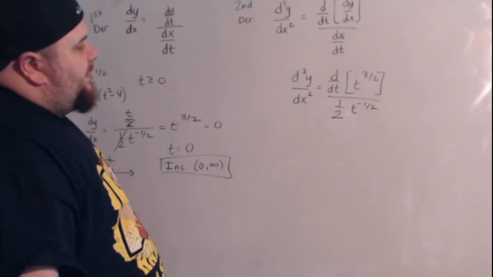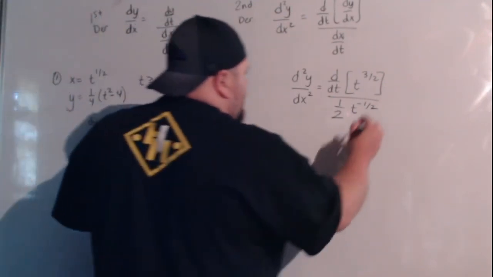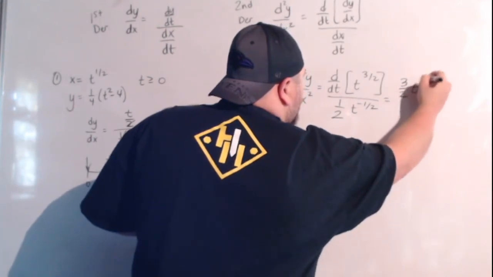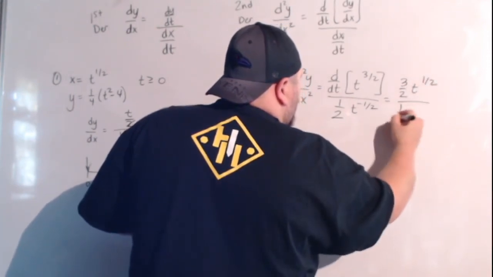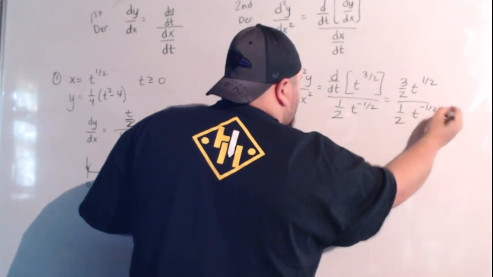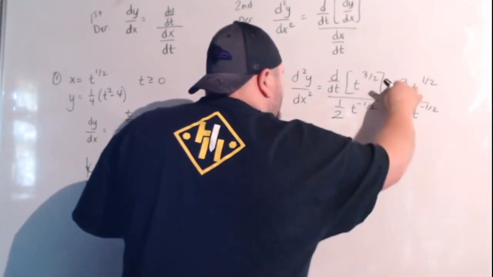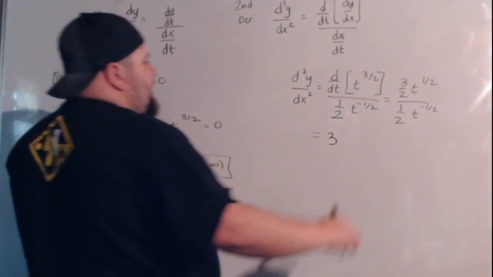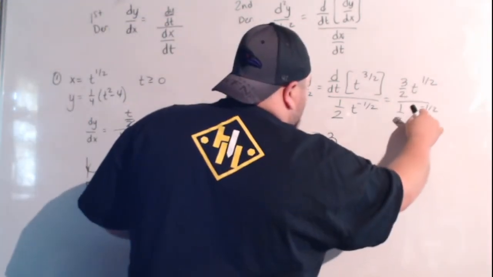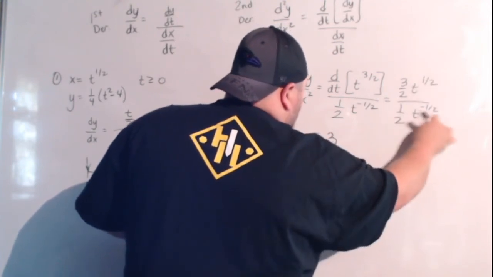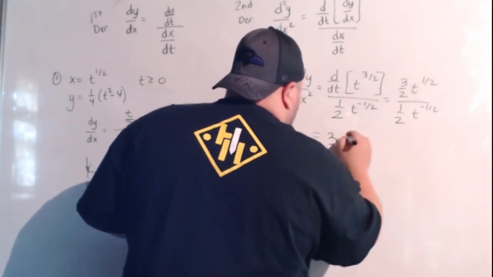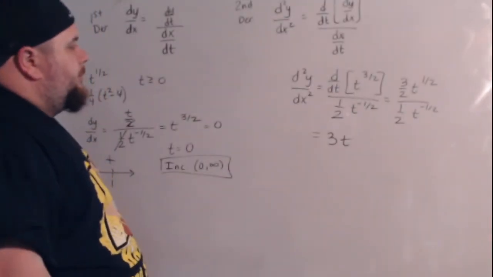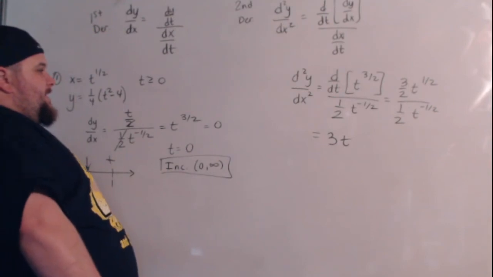So the derivative of t to the 3/2 is 3/2 t to the 1/2 over 1/2 t to the minus 1/2. 3/2 divided by 1/2 reduces to 3, and t to the 1/2 divided by t to the minus 1/2, you would subtract the lower exponent, so that would be t, 1/2 plus 1/2, basically. So the second derivative is just 3t.